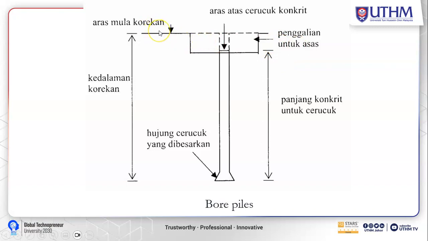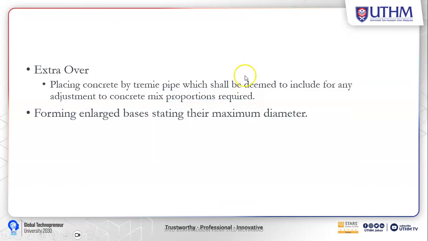So you need to make sure that you know the ground level, and also what is the depth of your excavations. Because you need to do the excavation first using the auger machine, and then you need to install all of the necessary reinforcement bar, the steel bar, and then you will do the concreting work by using this tremie pipe.